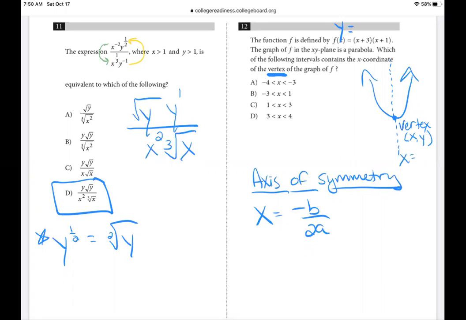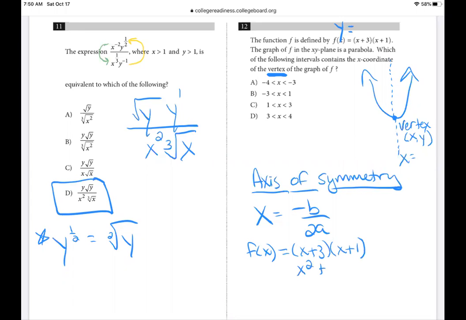But we're actually asked to focus on the x coordinate anyway. So if you graph this, again, you could probably just see it from your graphing calculator. Without graphing it, I'm going to have to convert this to standard form. So I'm going to take my f of x equals x plus 3 times x plus 1 and multiply that or use FOIL.